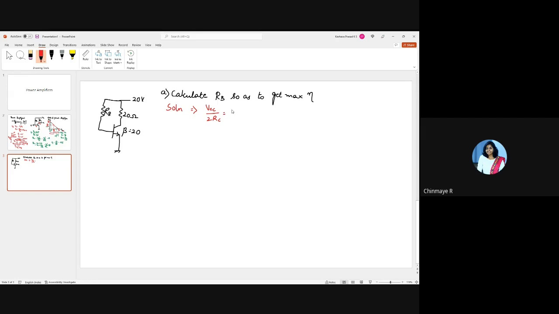This should be equal to the value of IC to get max. Correct? How much is this?